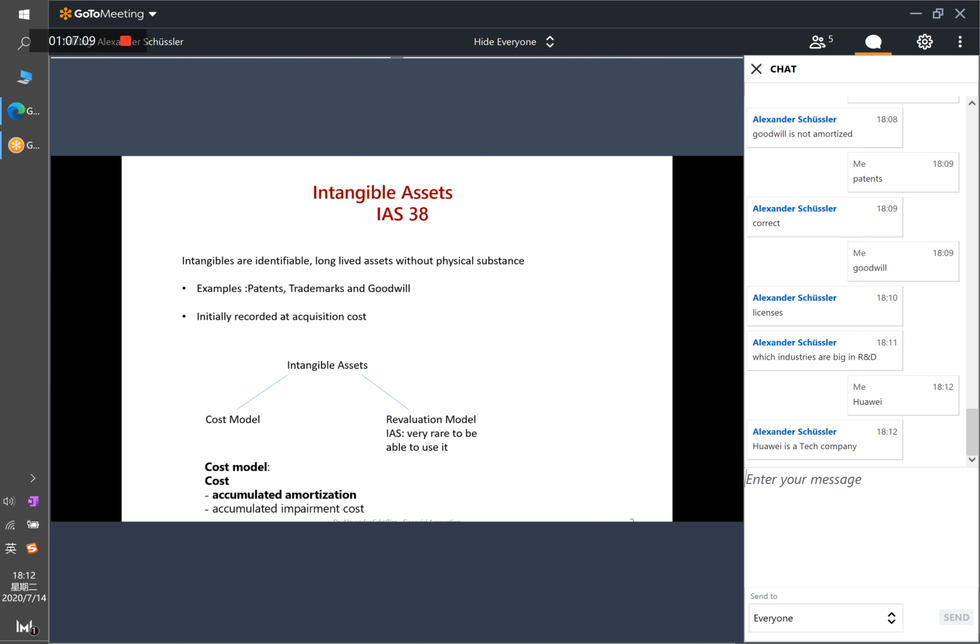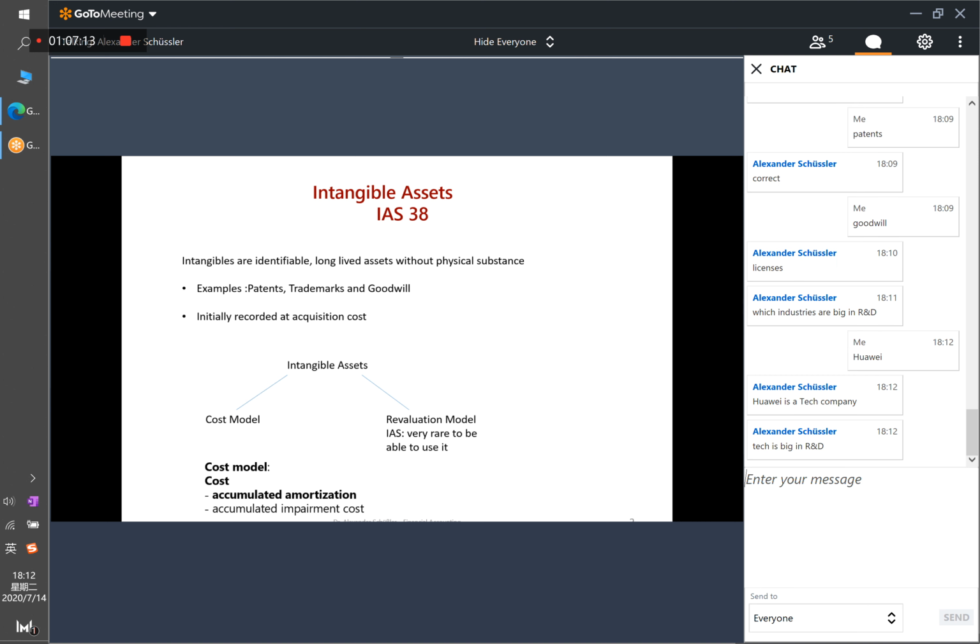So first, what are intangible assets? Intangible assets are identifiable, long-lived assets. So here they are also long-term, like property, plant, and equipment.